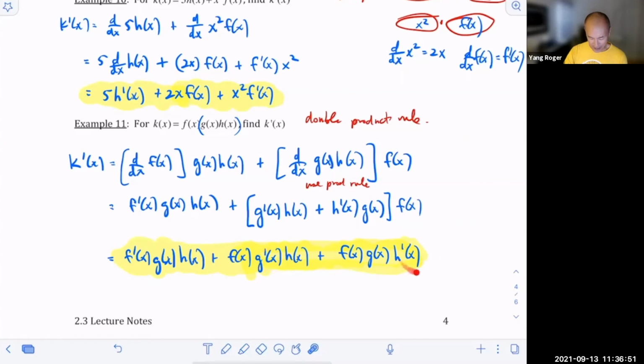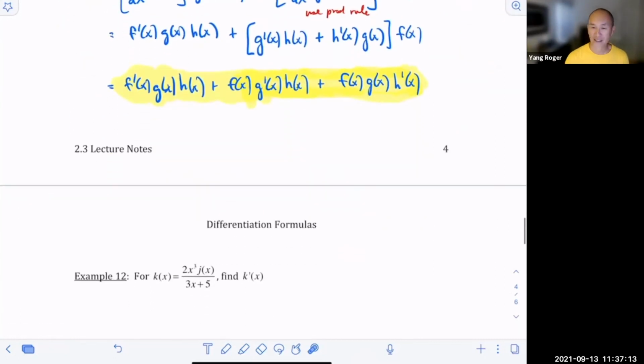And the third term, I take the derivative of the third guy. It's just kind of cool that it worked out that way. I wonder if we took a derivative of 4 things, if you'd have 4 terms like that, and the derivative kind of moves across each of the 4. I don't know if that's true. I'm just curious. Doesn't matter. Let's move on.